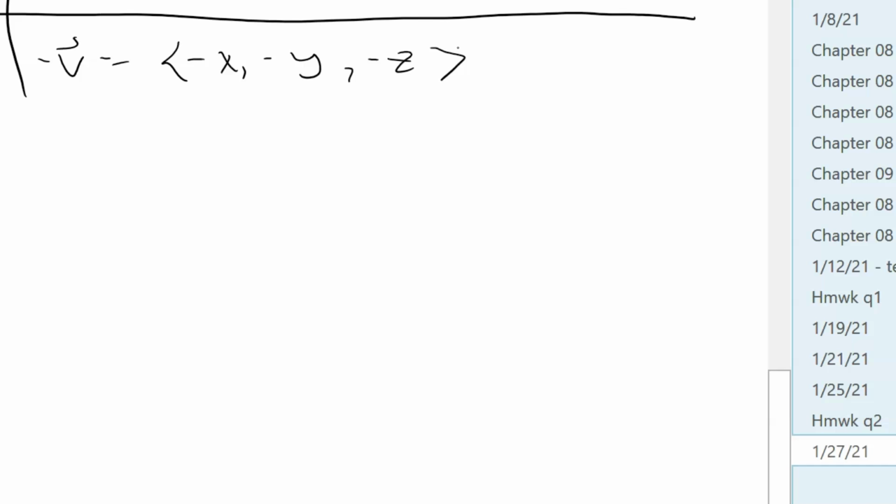And really that's just a special case of scalar multiplication.